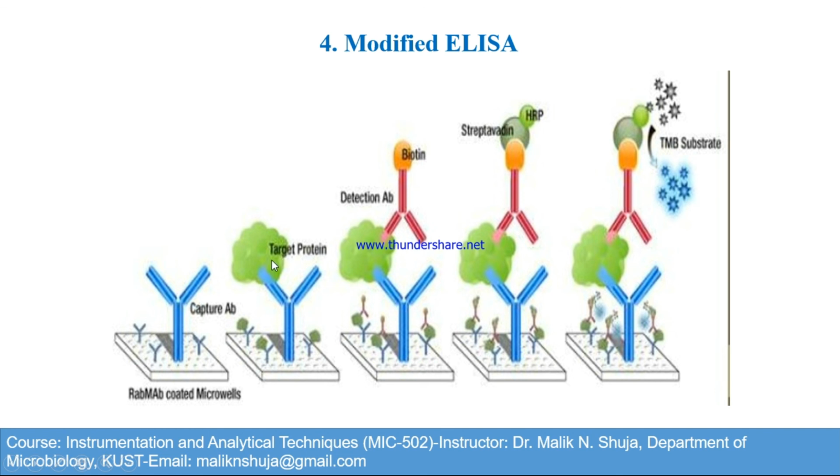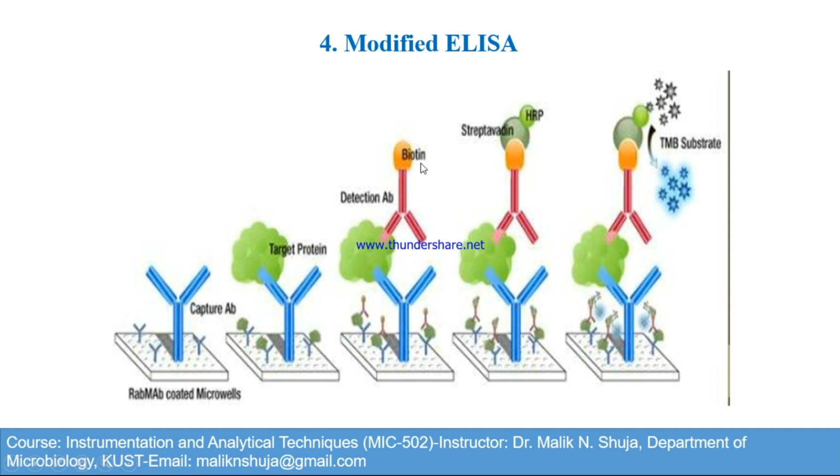These antigens are specific to these monoclonal antibodies because this monoclonal antibody has been produced against these specific antigens. So they make a complex. Then comes another antibody, known as secondary antibody, which is linked with biotin.